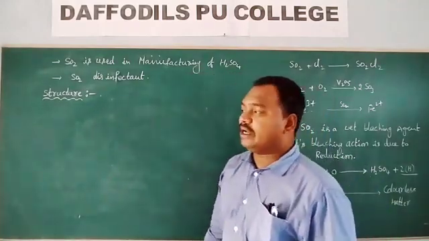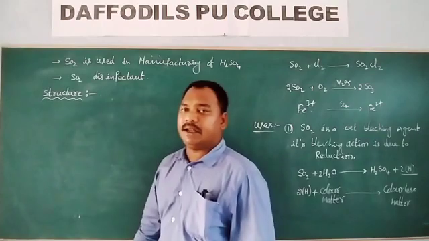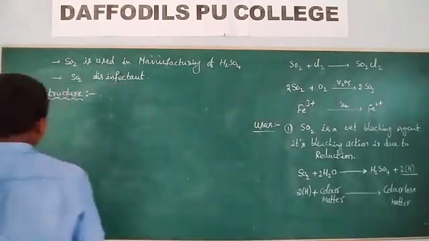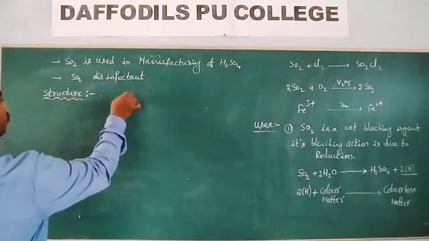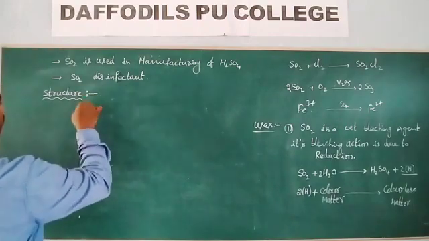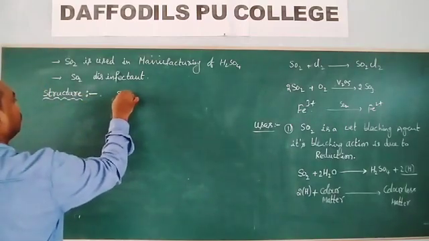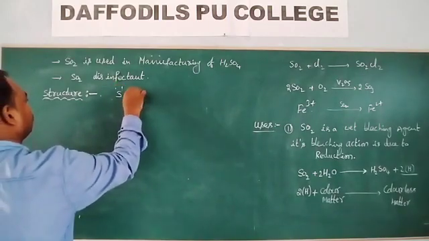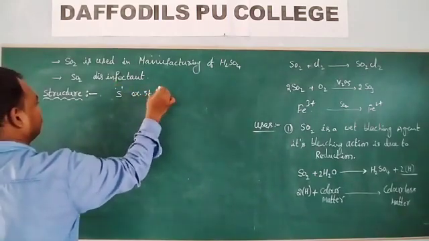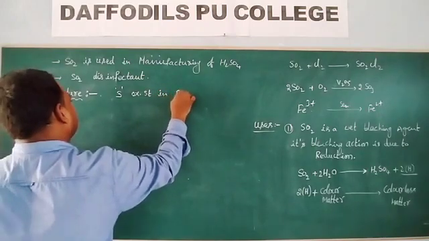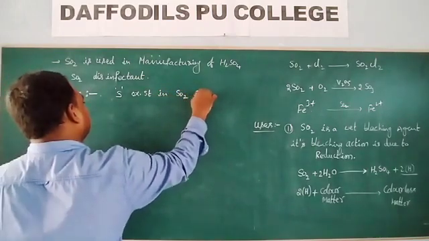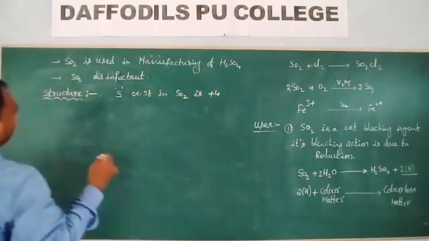Means you require 4 unpaired electrons. These 4 unpaired electrons of sulfur are seen in the second excited state. Sulfur oxidation state in SO2 is +4.